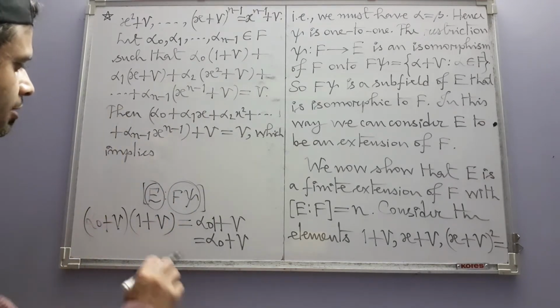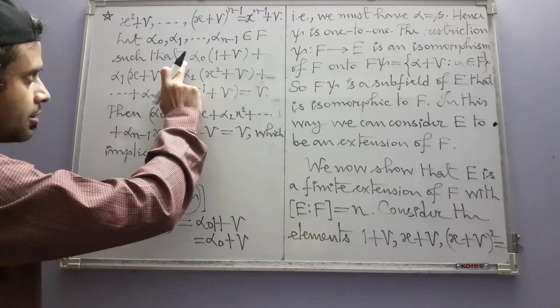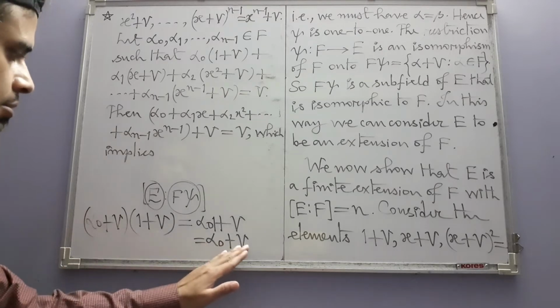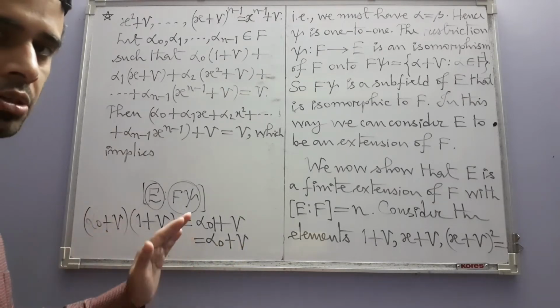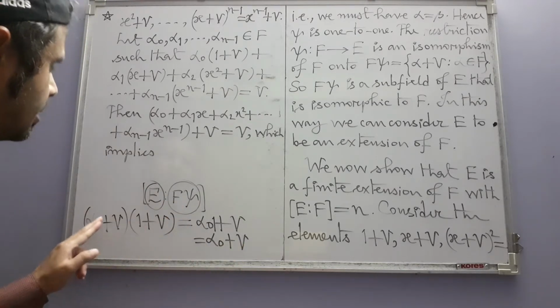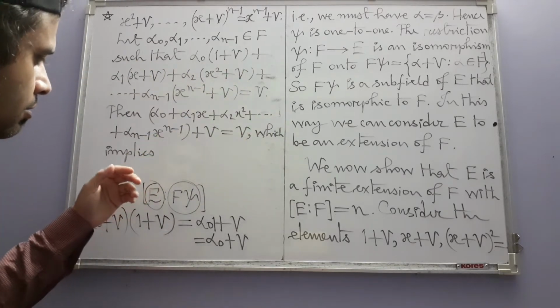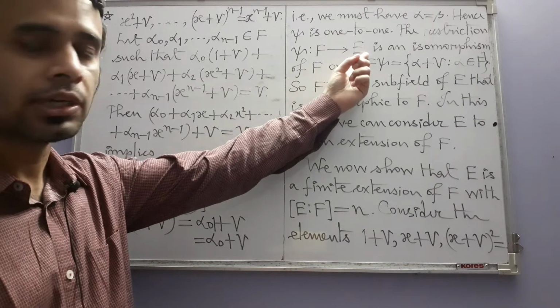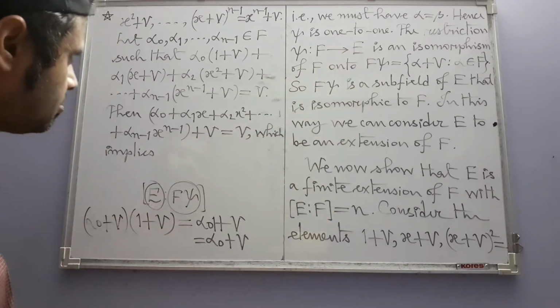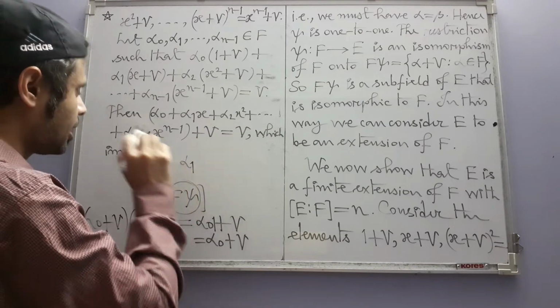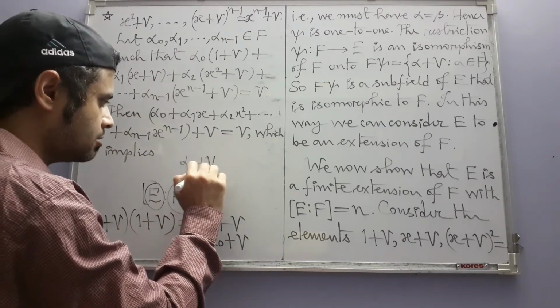So that is why if you really write this entire linear combination like truly how it is, you will then see that the operations you have here are all the operations that are already there in E. Just like that, this alpha 1 times x plus V is really this.